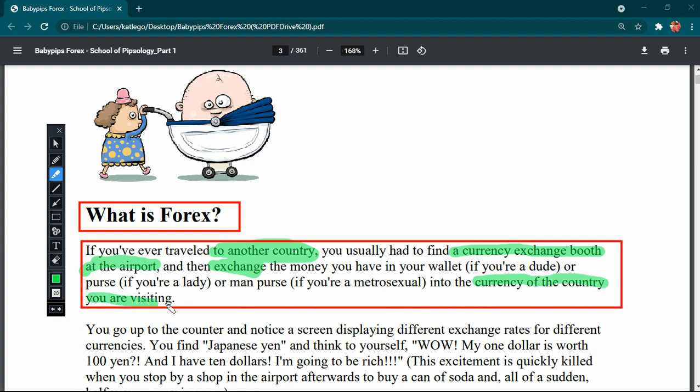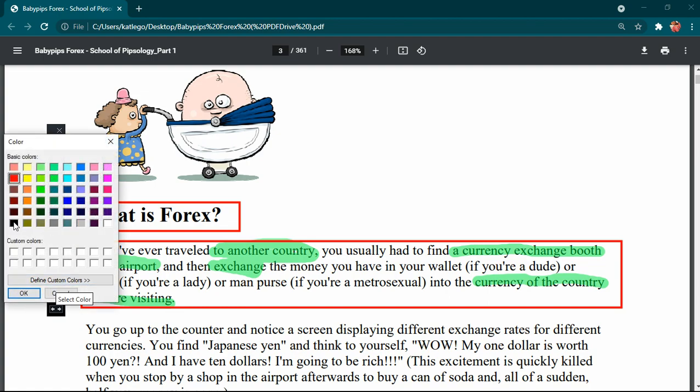So in short, what forex trading is, if I can put it in my words, let me get a dark color.